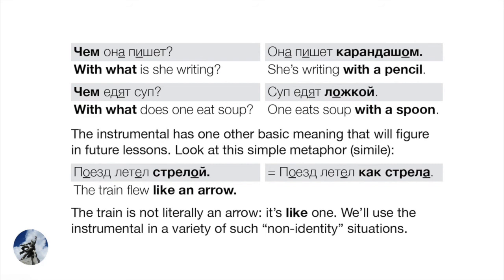Now, one other very basic use of the instrumental that won't really concern us at this point, but it's important to get on the table now, and we'll see that this will help us think of the uses of the instrumental already in this book, but also down the road when we read poetry and whatever. The instrumental often conveys a sense of seeming, right?